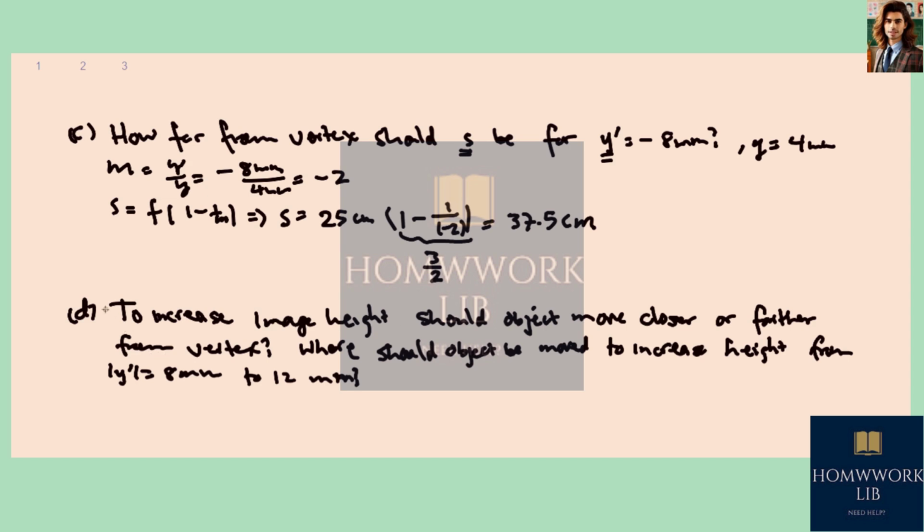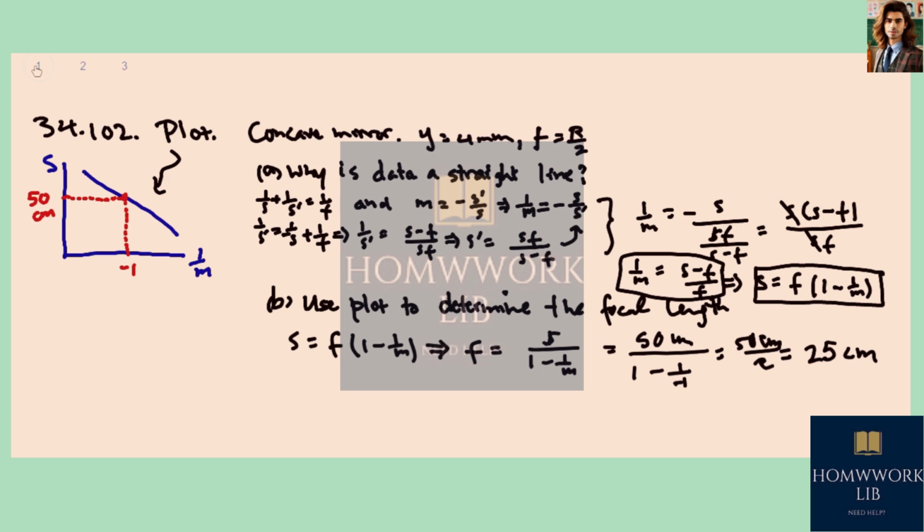In part D, they ask if you want to increase the image height, should you move the object closer or farther away from the vertex of the mirror? In this case, if you look at the plot, that would indicate that you want to move it closer, because this is the reciprocal of the magnification.